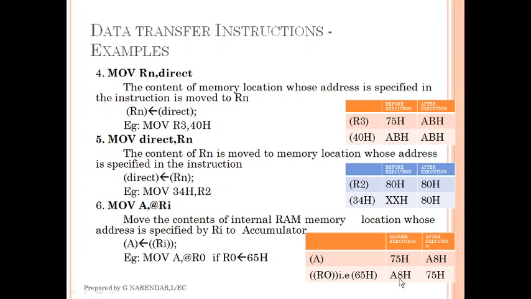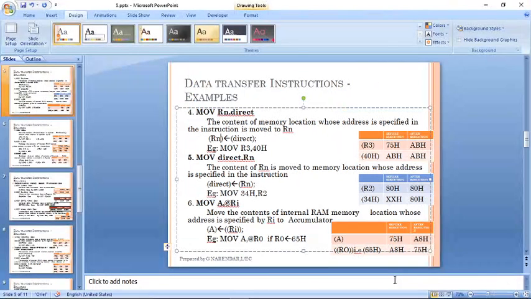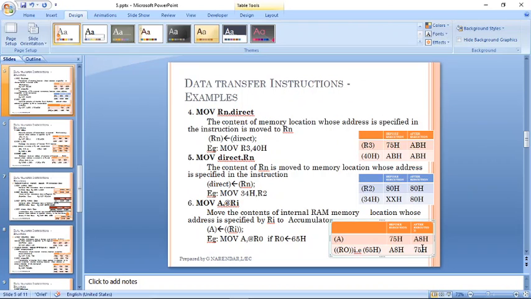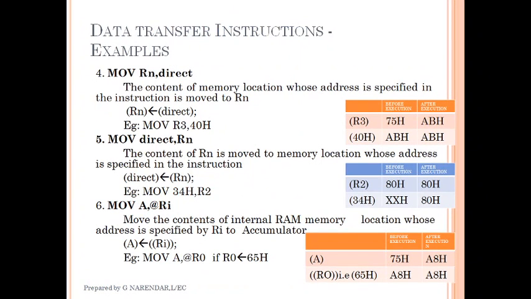Before execution, these are the contents, and after execution, the contents of 65H are copied to the accumulator, and the 65H memory location remains unchanged as it is a source location.